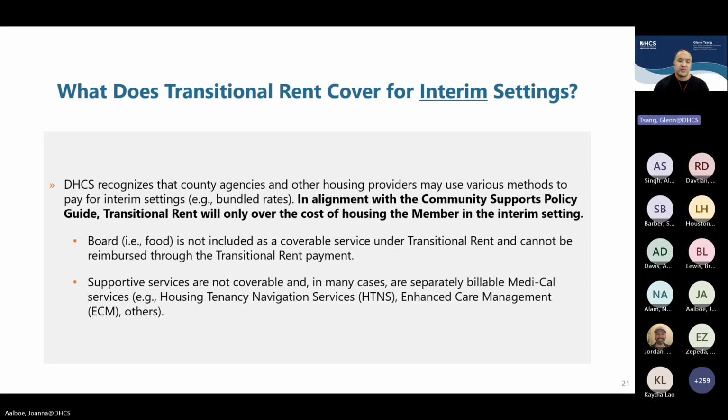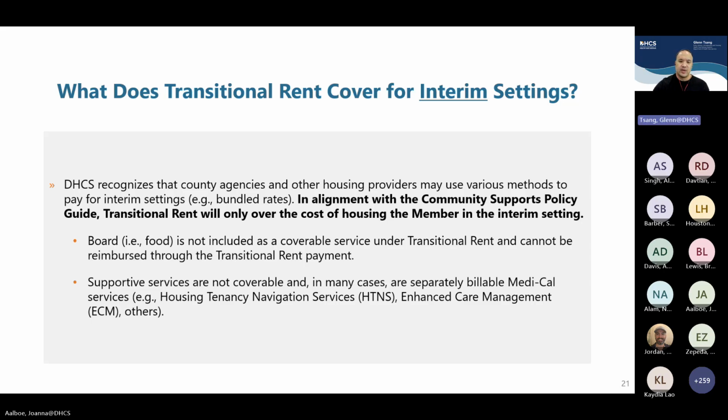Want to note that payments for transitional rent in interim settings cover the cost of the member's occupancy in the interim setting. Another way of saying this is that the payment can cover the room only. Board or food is not included in the transitional rent payment. Similarly, supportive services are not coverable under transitional rent, but in many cases, these can also be billed to Medi-Cal.